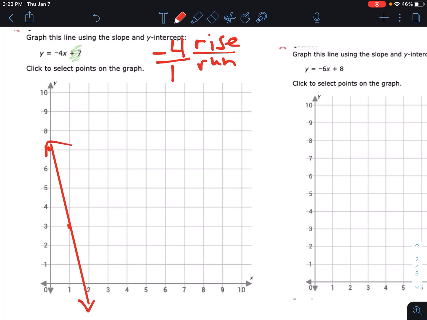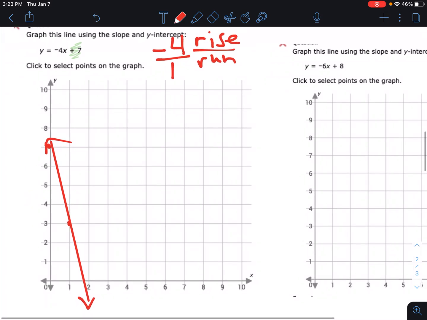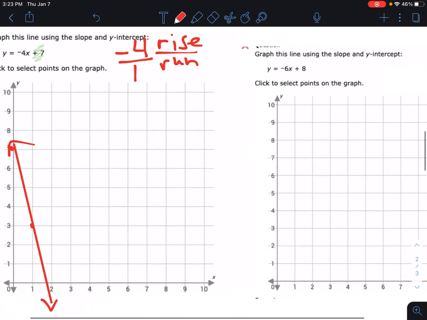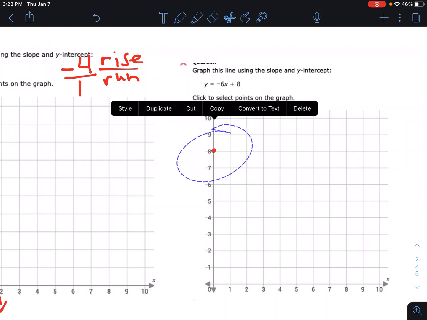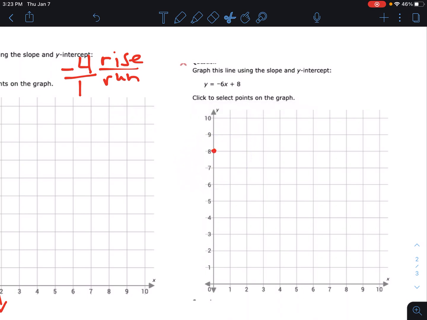Okay? All right, and then the last one, very similar to that one. I probably should have picked a different one for you, but very similar. My starting point is at 8, so I'm going to put a point up here at 8. And then my slope, or my growth rate, is negative 6.